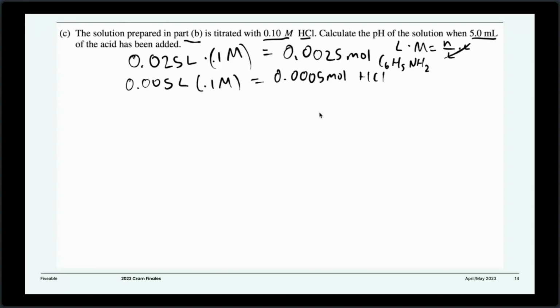Now next we need to set up our reaction. We need to show our reaction in order to set up ICE tables. Now, if you remember from past units, we have to take out the spectator ions because we need a net ionic equation in order to set up our ICE table.